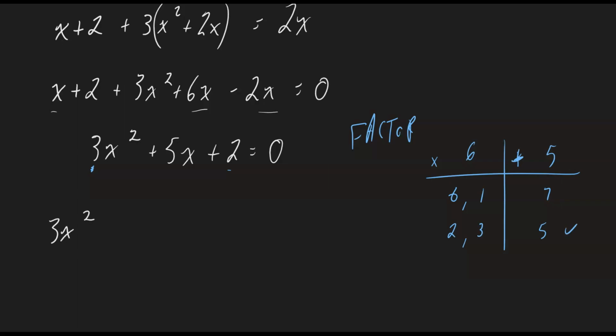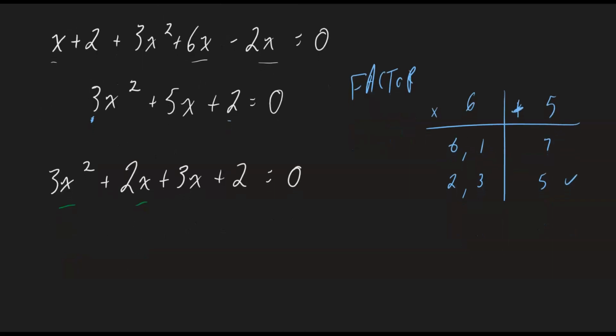Let's write that one out. 3x squared plus 2x plus 3x plus 2 equals 0. We go back and find the common factor in the first two terms, and that is x.